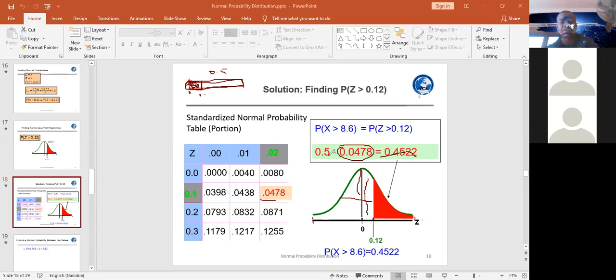Again, if you say 0.5 plus this, it's still going to give you 0.5478, isn't it? If you say 0.5 plus this one, it's still going to give you 0.5478. So that concept of 1, now you understand.